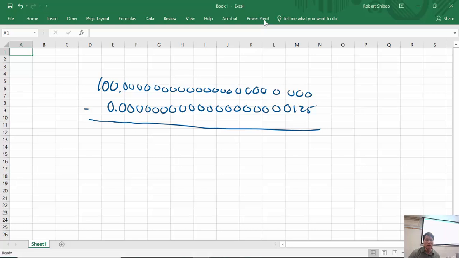And so this is going to give me 99 point, I'm going to put 19 nines after the decimal, and then it's going to be 8, 7, 5.